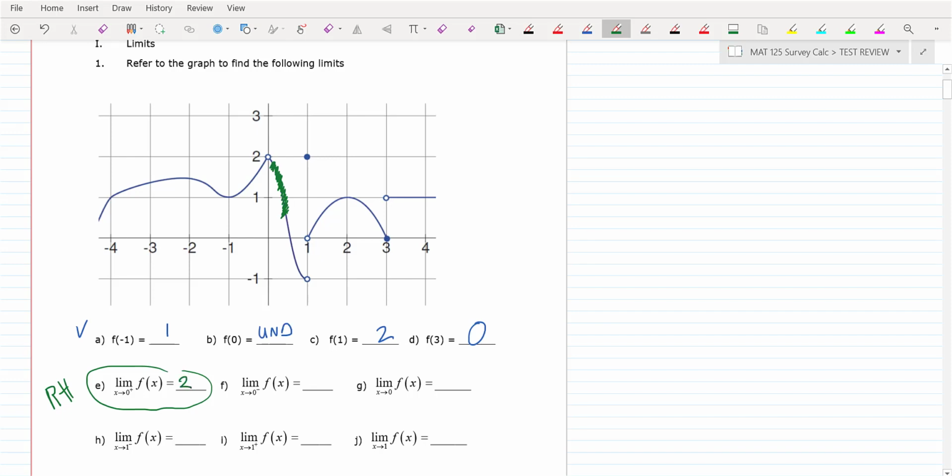The limit is what the y value is getting close to. So going from the right of 0, you're getting close to 2. How about the next one? What kind of limit is this? Left hand. If you go to the left until you get to x equals 0, where's the limit going? 2 again, right? The next one's a 2-sided limit. Are they both going to the same place? Yeah, that's kind of what we learned there.